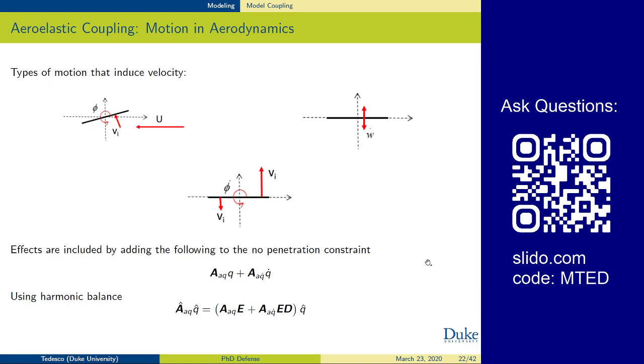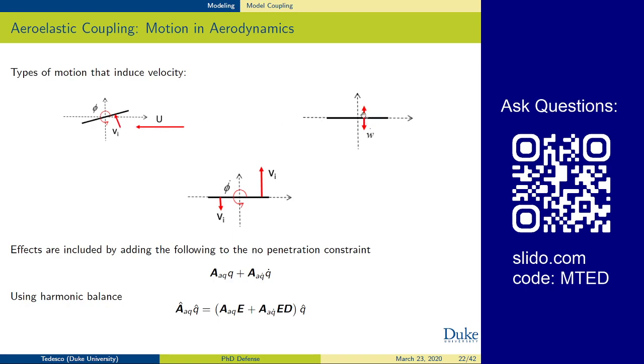For us, there are 3 primary motions that we're going to need to consider. The first, in the top left here, is that as we have a torsional angle, this is going to cause the free stream velocity to possibly have a little bit more of that normal velocity on the airfoil. So we'll need to account for that. On the right side here, we have our flapping velocity.